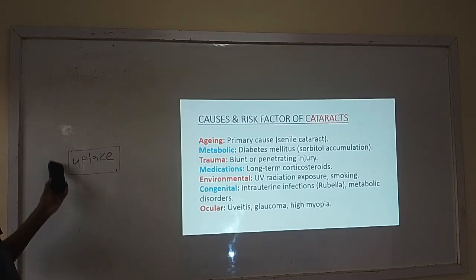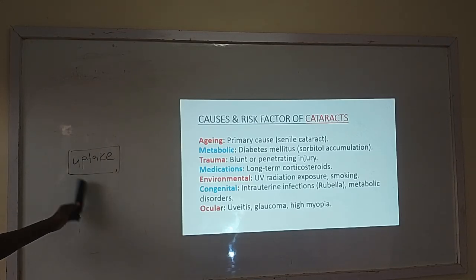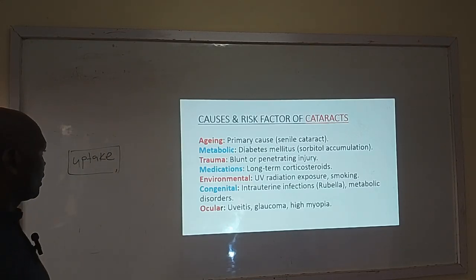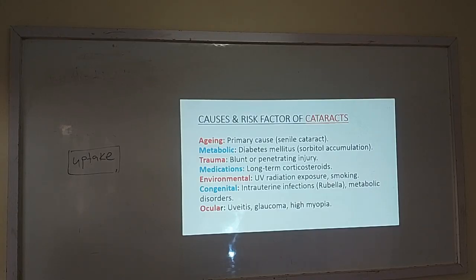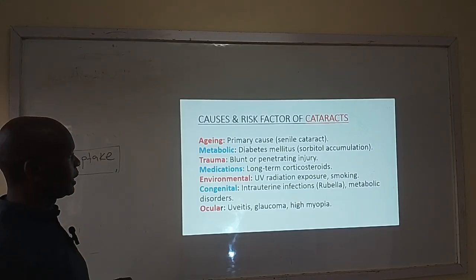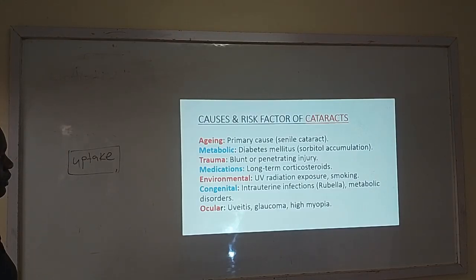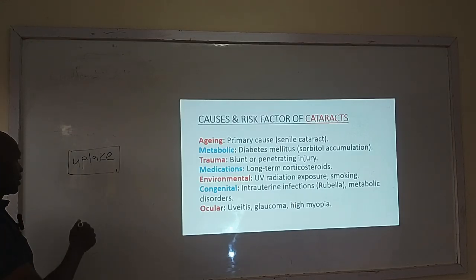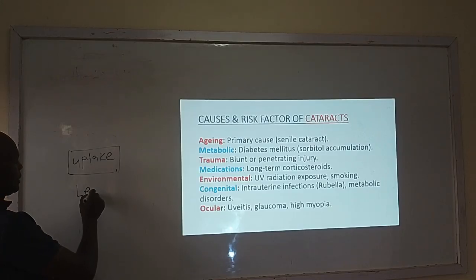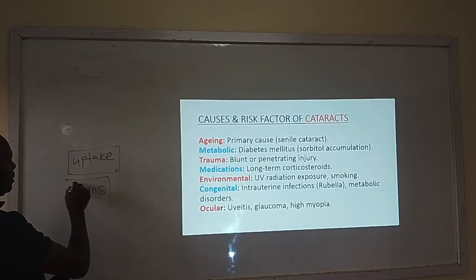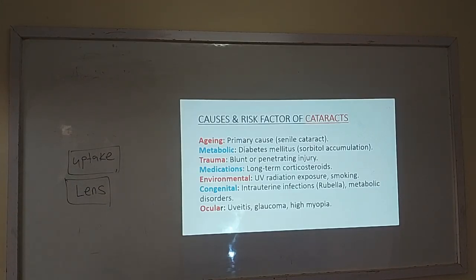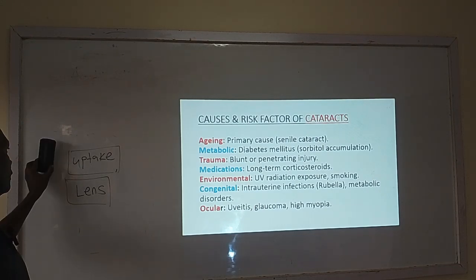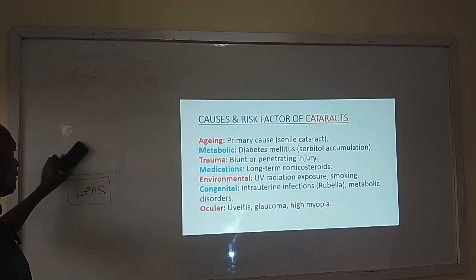But we are saying that in the body we have other cells that don't really depend on insulin for glucose uptake. Some of those structures is the lens. So the lens does not require insulin for glucose uptake.